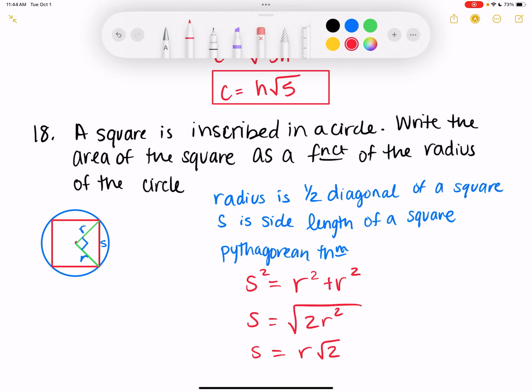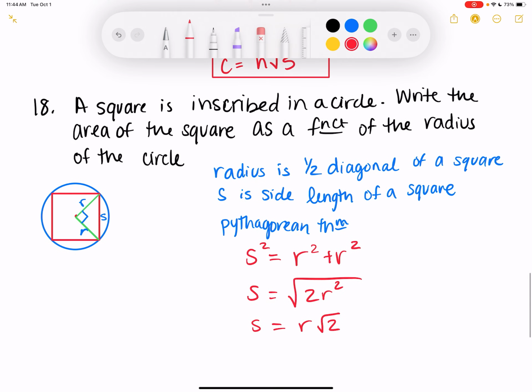Now they want the area of the square as a function of the radius. So basically I've now taken and made one side length be written as a function of the radius. What in general is my area of a square? Yep, side times side or side squared.